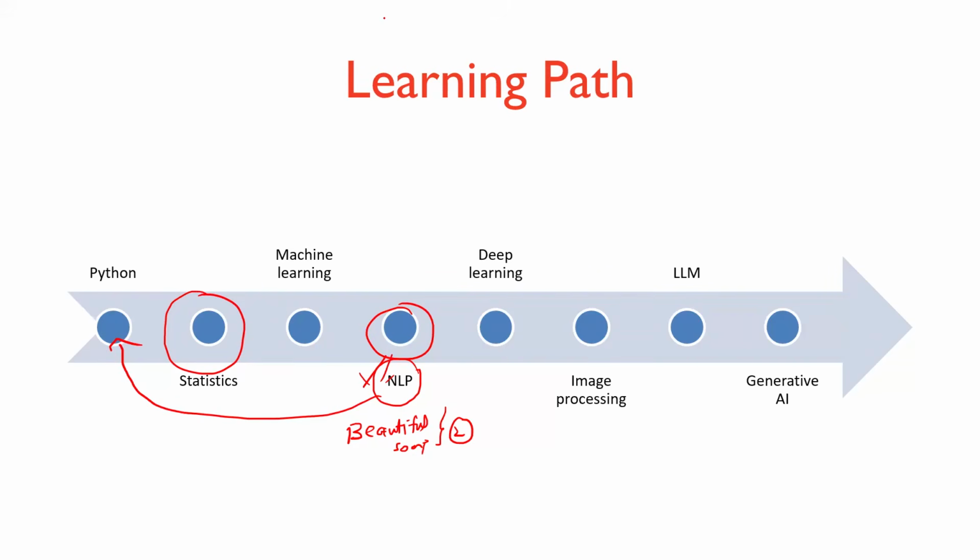Will Narendra Modi be re-elected, or could the new prime minister be Rahul Gandhi or someone else? How do you predict? What is the rationale for selecting Prime Minister Modi? What is the rationale for selecting Rahul as prime minister? This can be done with the help of statistics.